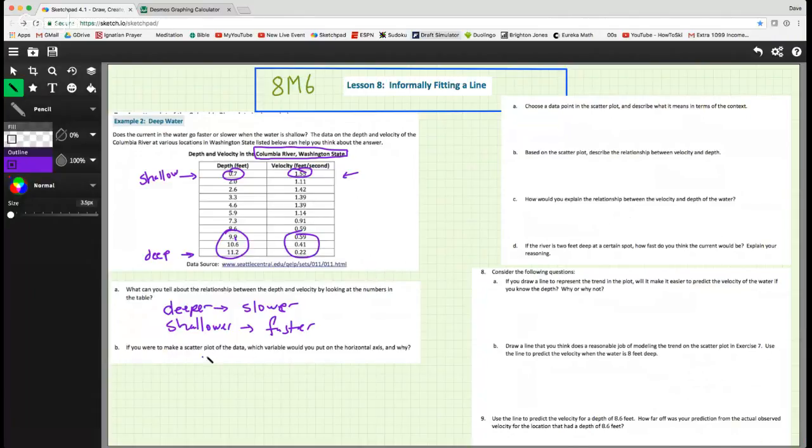So if we were to make a scatter plot of the data, which variable would you put on the horizontal axis and why? Usually the horizontal axis, this is a question of which one's easier to measure. The X is what they call the independent variable, and this is the one that we usually measure. And then the Y is the one that we then guess at or then observe.